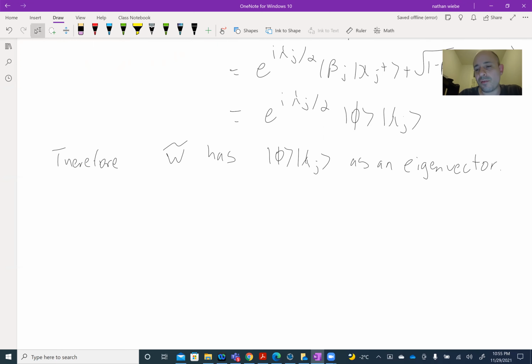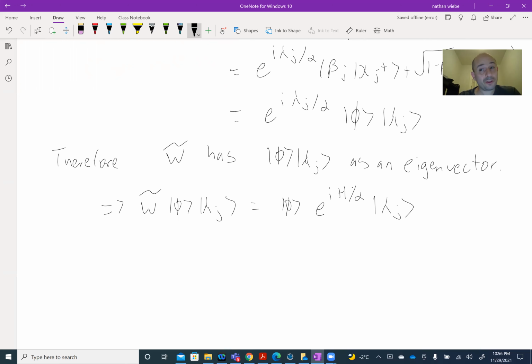Further, the eigenvector has eigenvalue proportional to the state. So W tilde acting on phi lambda j is actually the exact same thing as phi times e to the I h over alpha acting on lambda j.